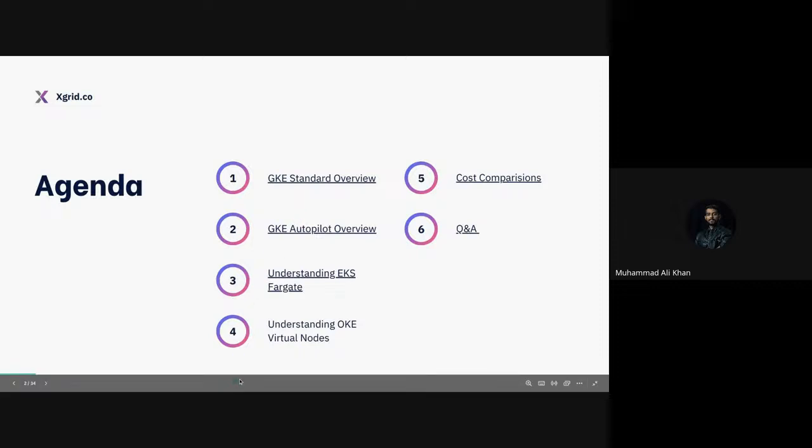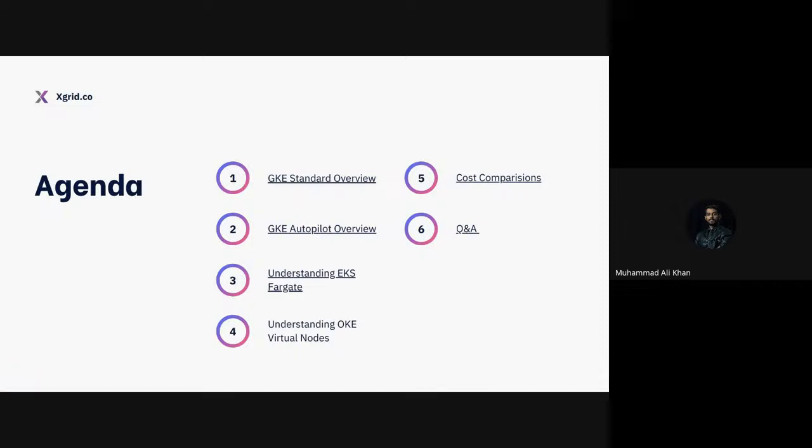Anyone want to answer? Okay. Setting up nodes. All right. And scaling. All right. Scaling is a good point. Managing nodes is a good point as well.